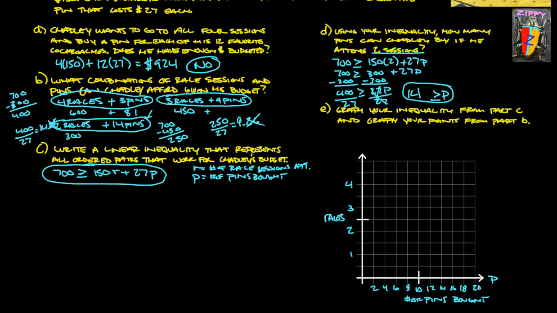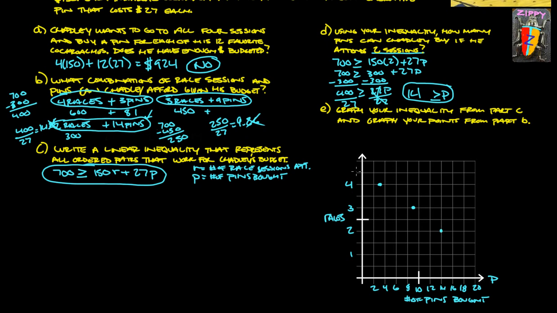And then we also have 3 races and 9 pins. So 3 races goes over to 9 pins, so that's right there. These are points that actually work. 2 races gives us 14 pins.